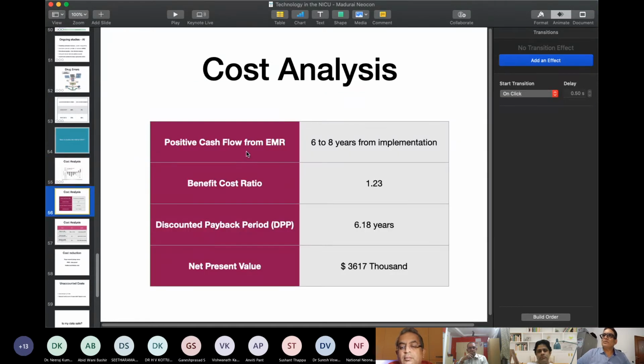So they concluded that positive cash flow from EMR is around 6 to 8 years from implementation. The benefit cost ratio was 1.23. Probably Kishore sir will understand this better than me. Discounted payback period 6.18 years, and the net present value for this particular hospital was $3,617 in thousands, so $3,600,000. It's a positive balance that they showed.